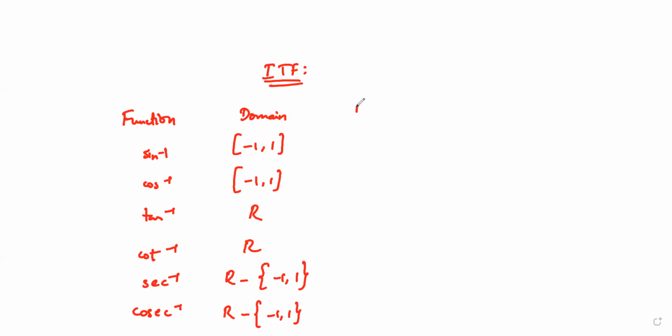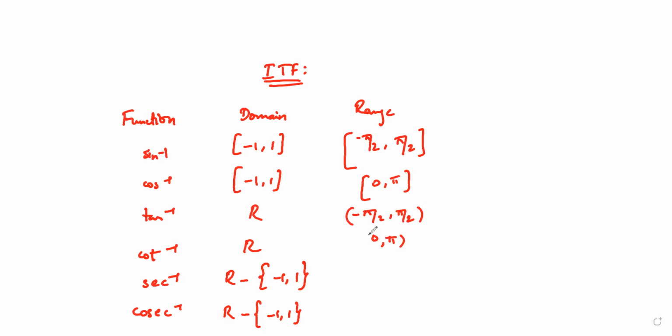And coming to the range. So what is the range here? Minus pi by 2 to pi by 2, 0 to pi. This one is for tan. It is minus pi by 2 to pi by 2 in open interval. For cot inverse, 0 to pi in open interval.